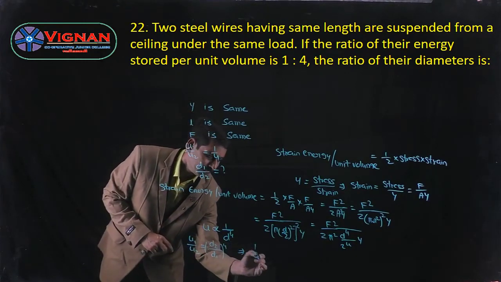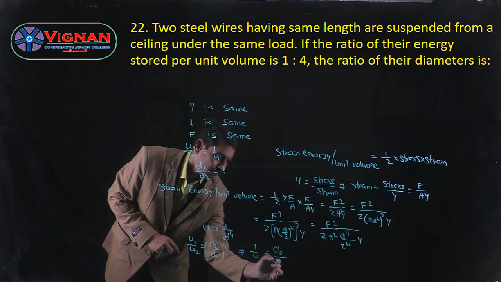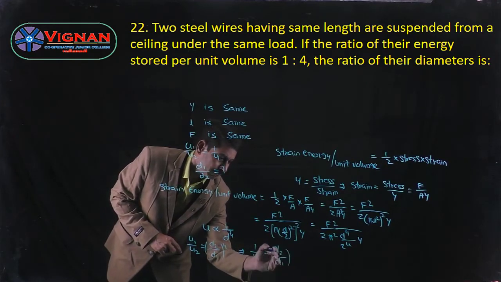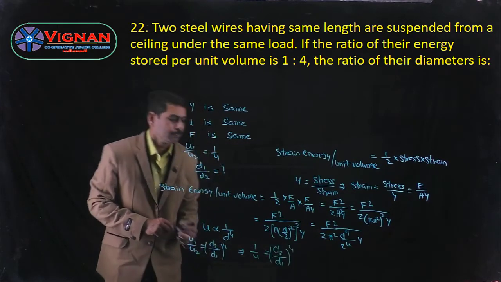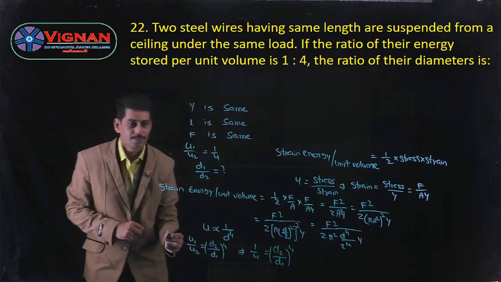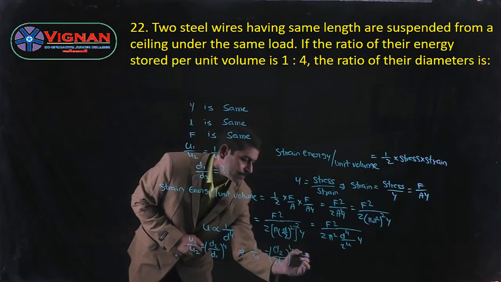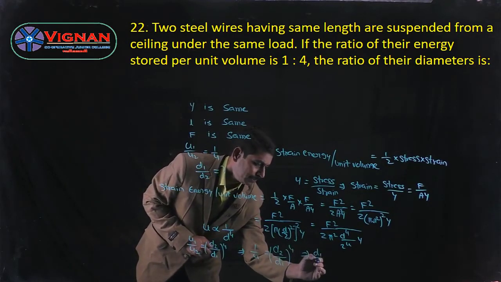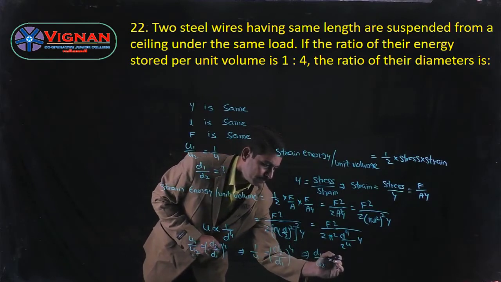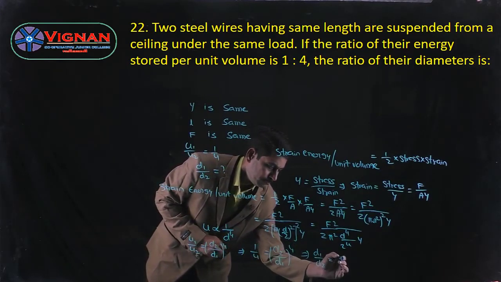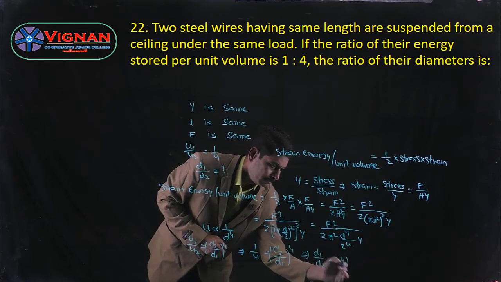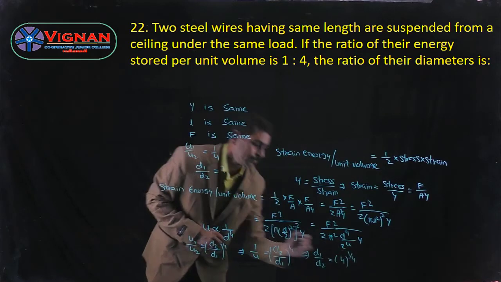So 1/4 is equal to D2 by D1 power 4. So we get D1 by D2 is equal to 4 power 1/4.